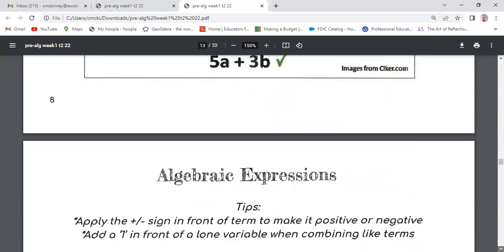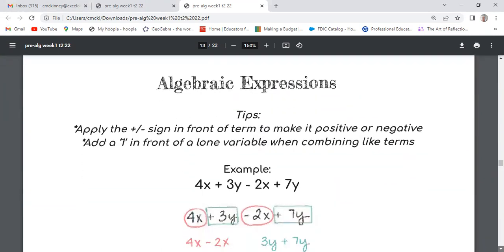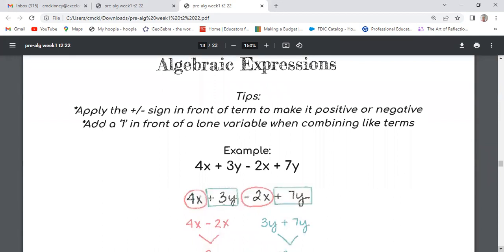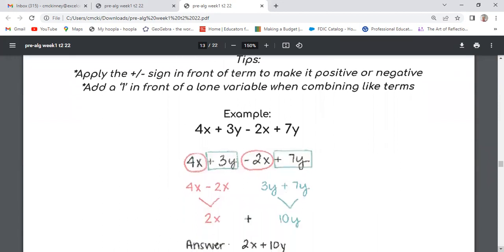So on your next page there, you'll see an example now. We've got X's and Y's, and there are the signs in between them. We typically think of those as being addition and subtraction, but rather than think of it as so much addition and subtraction, think of it as being the sign of that term.